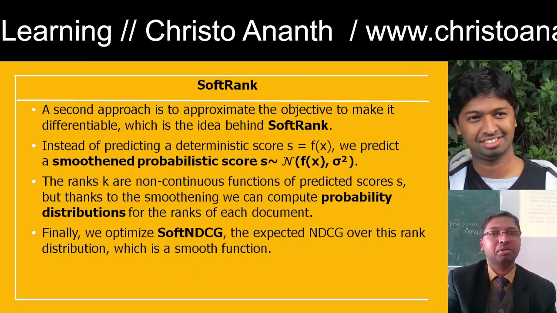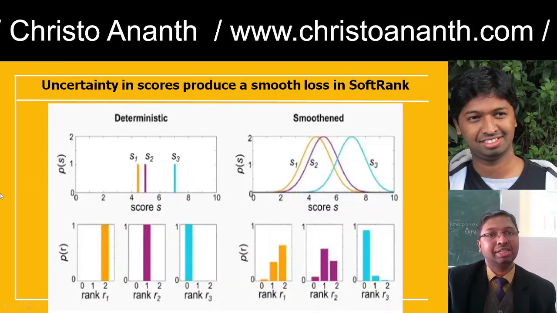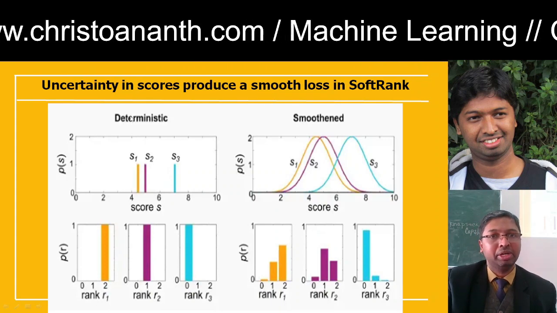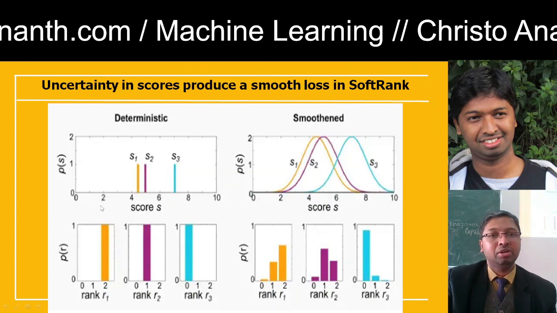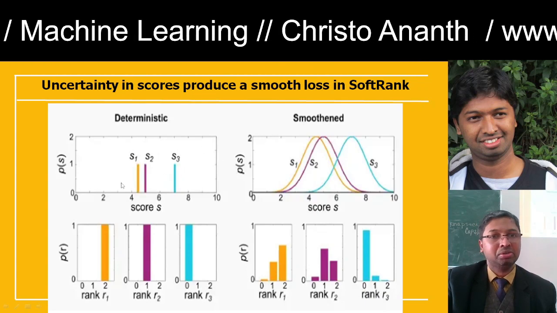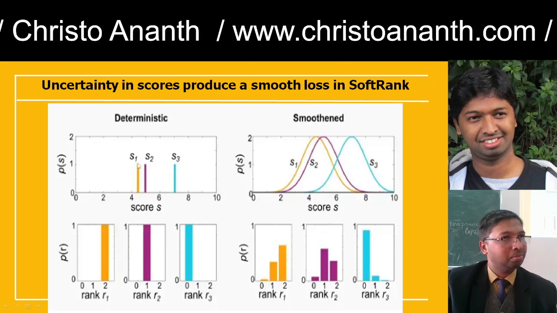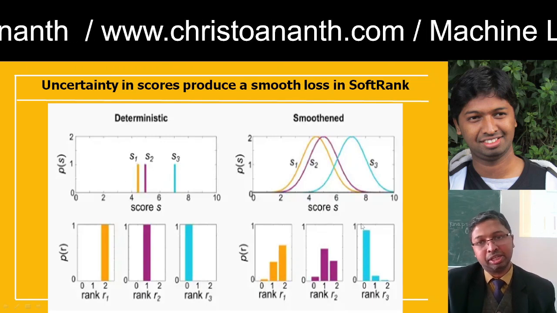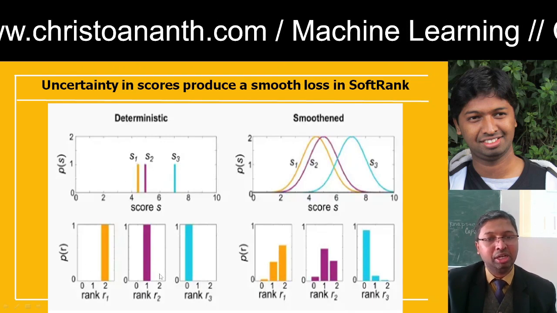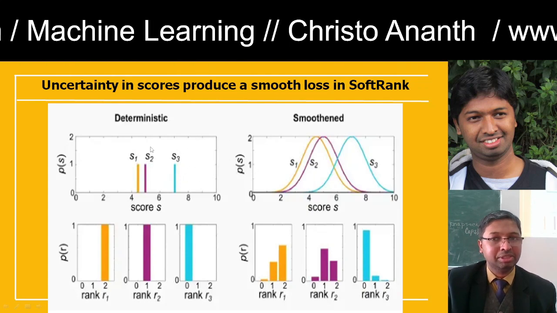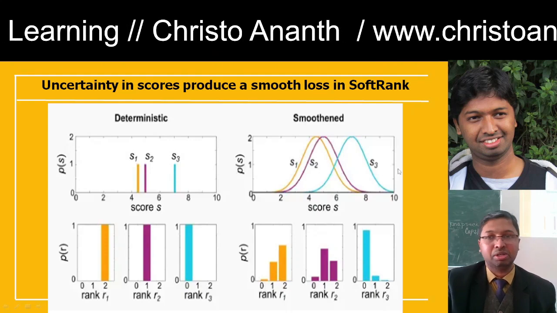This is the uncertainty in the score, which provides the smooth loss, a deterministic smoothing with respect to the score, producing different probabilities P of S. So rank 1, rank 2, rank 3 you obtain for the deterministic case and then for the smoothened one as well.